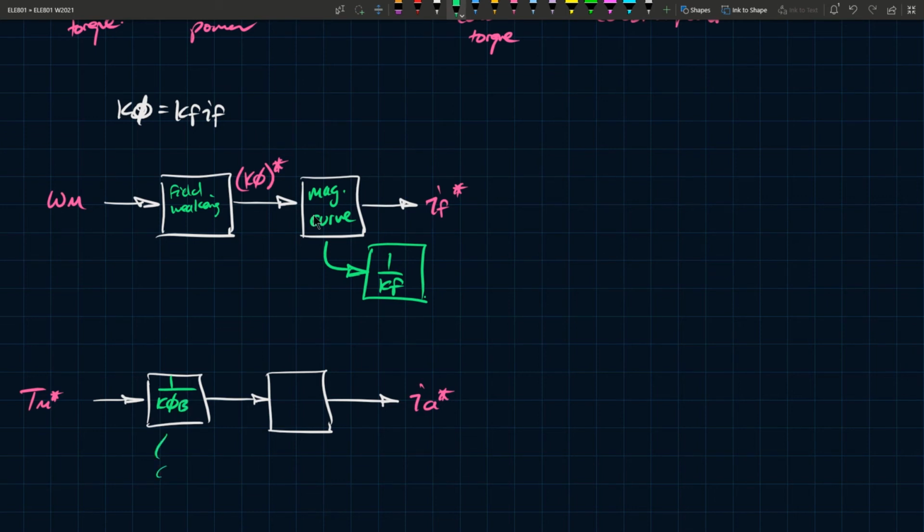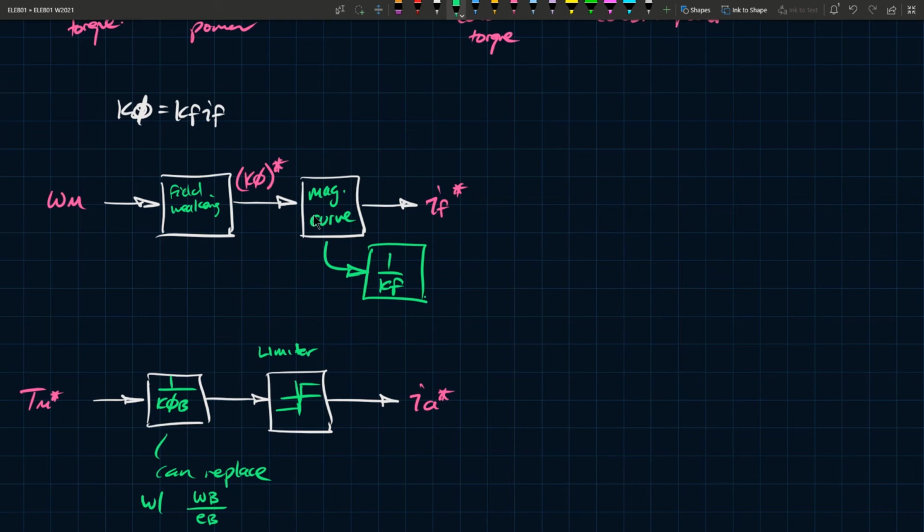You can replace it with omega b over EB if you'd like instead. And this block here is just a limiter, a saturation block, so that you don't exceed the rated values and damage your machine somehow.